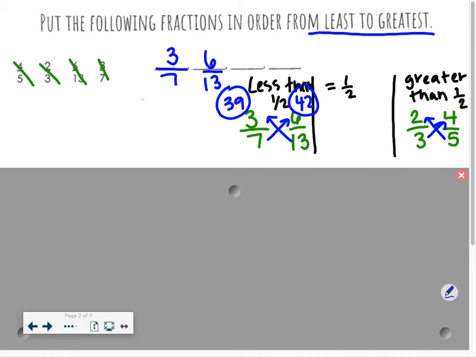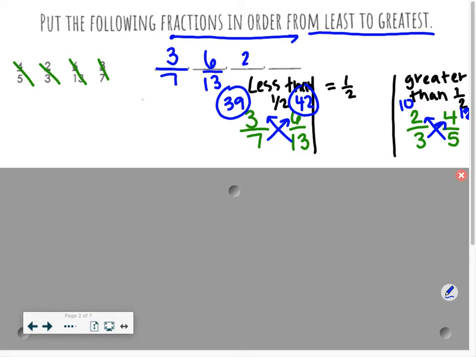5 times 2, if you follow the arrow, is 10. 3, follow the arrow to 4, is 12. Sorry, that was kind of off the screen. Now, which one is going to come next? I'm ordering from least over here to the greatest fraction all the way over there. Adam, what's going to come next? 2/3.